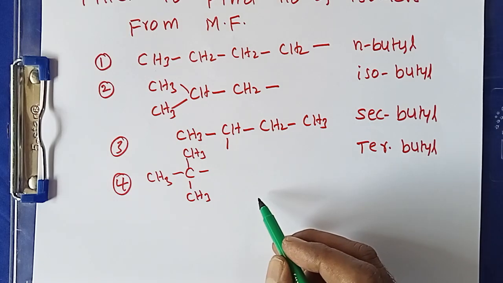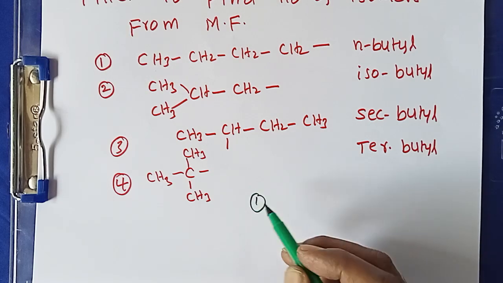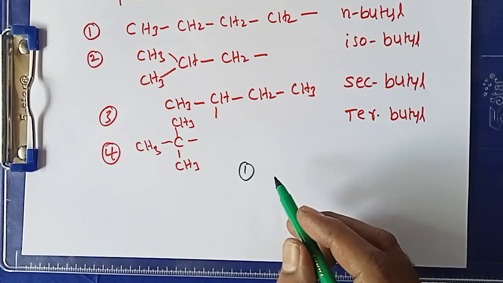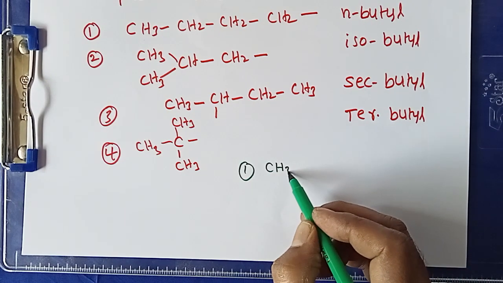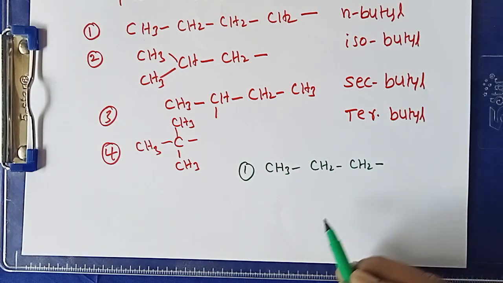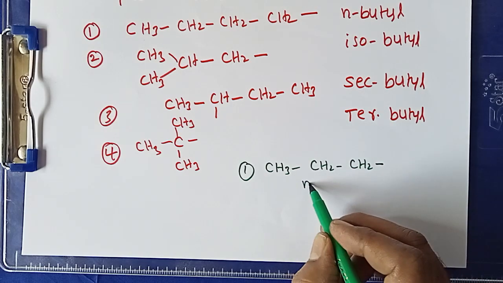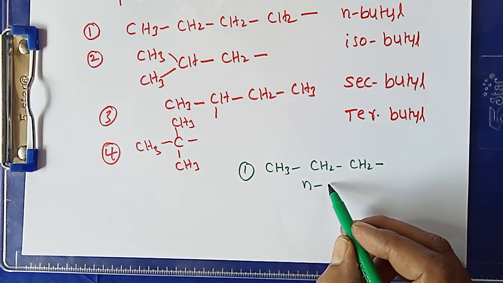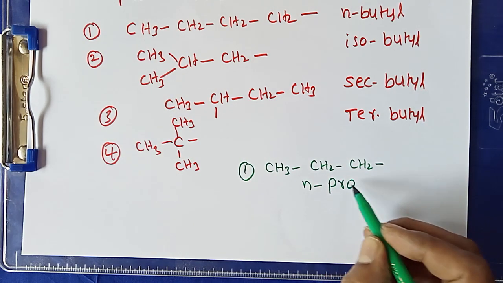Next, propyl groups, with 3 carbons. Number 1, CH3, CH2, again CH2. What is this name? n-propyl.